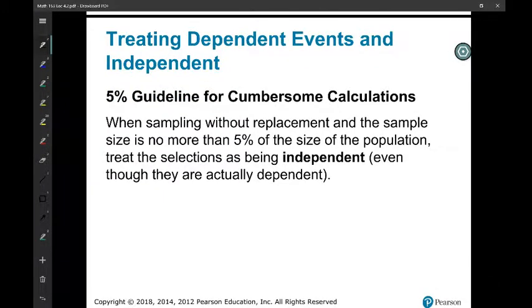Treating dependent events as independent, we have the 5% guideline for cumbersome calculations. When sampling without replacement and the sample size is no more than 5% of the size of the population, you can treat the selections as being independent, even though they are technically dependent. So when it's less than 5%.